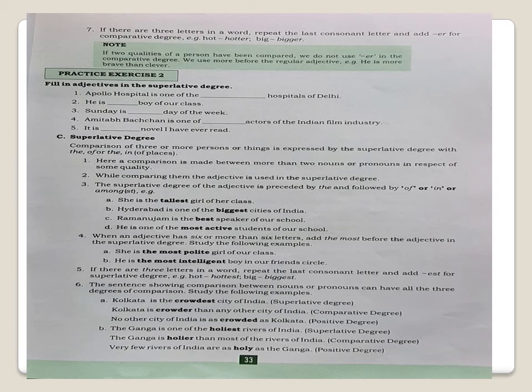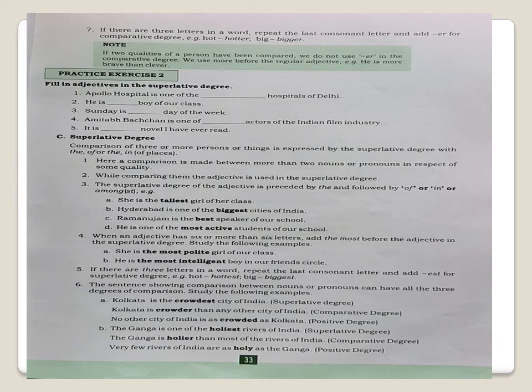See that in the first sentence, she is the tallest girl of her class. Here we have compared that girl with all the rest of the students in the class, so the comparison is between more than 3 persons. Hyderabad is one of the biggest cities of India. Here we compare all the cities of India with Hyderabad. So here we have used big, bigger, biggest. Got my point?